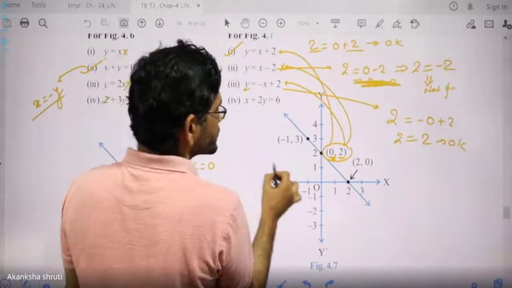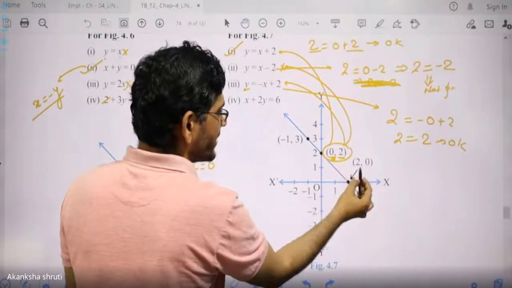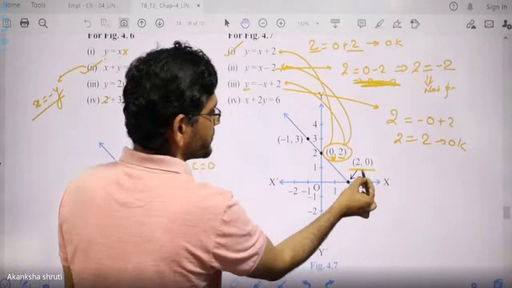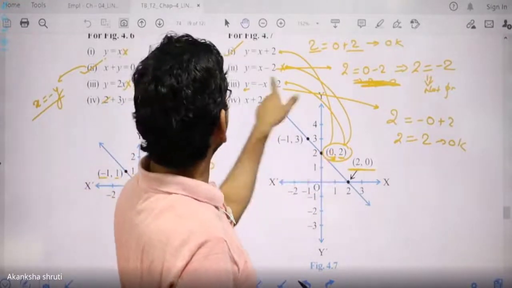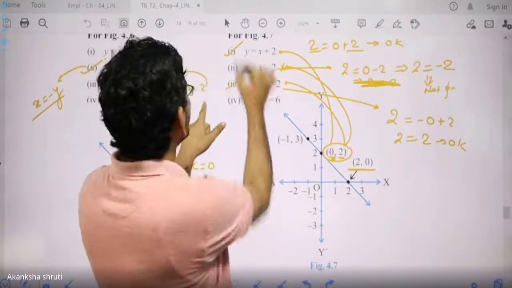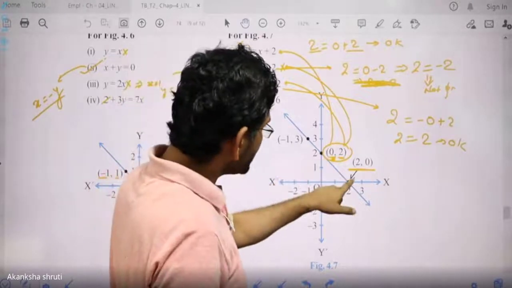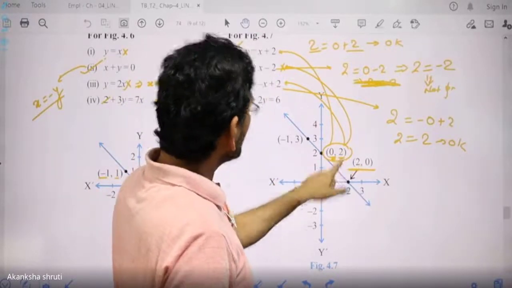But students, it's not enough. We also have to verify the other point, because from this single point it could be the third one or the first one.